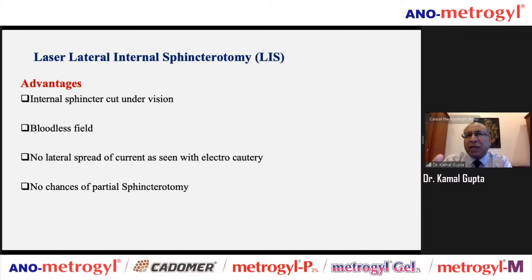They go vertically up. So maybe the vessel is ruptured at that time and then the bleeding occurs. And why laser? Because with laser, there is no lateral spread of current as compared to electrocautery, and no chance of partial sphincterotomy in case you are doing it under vision.